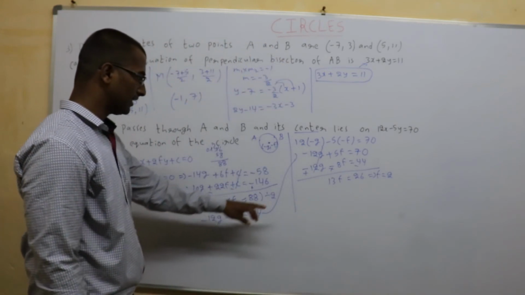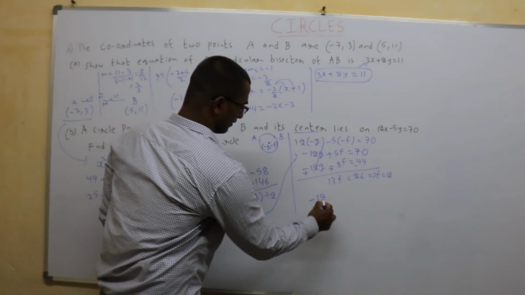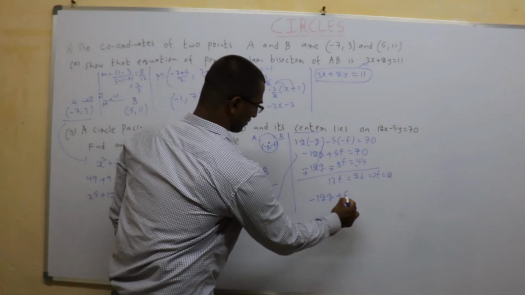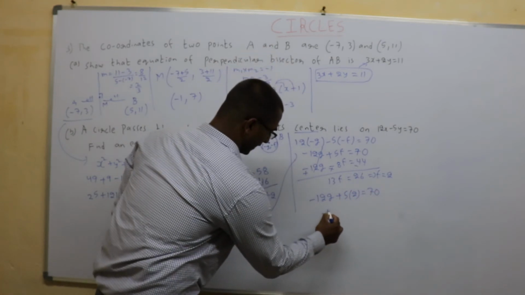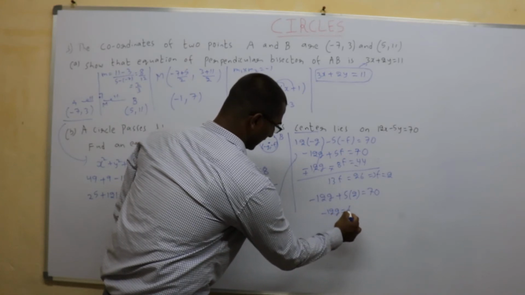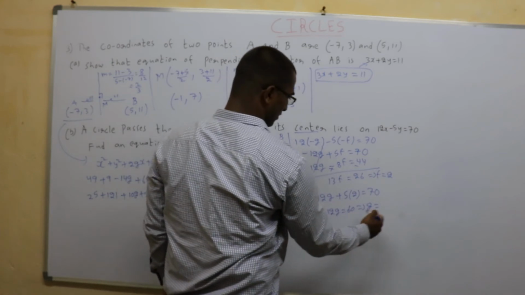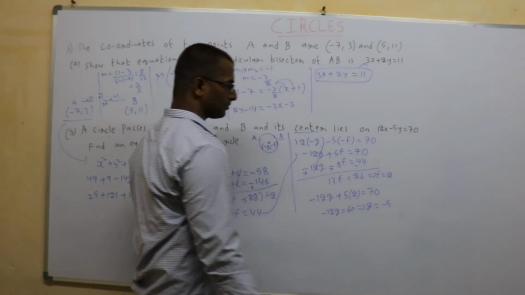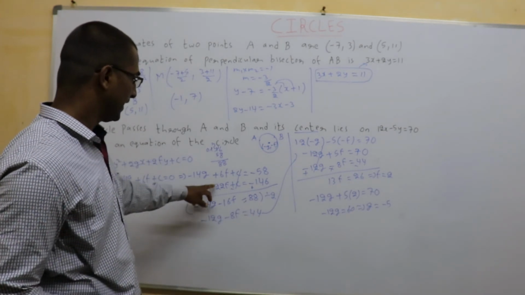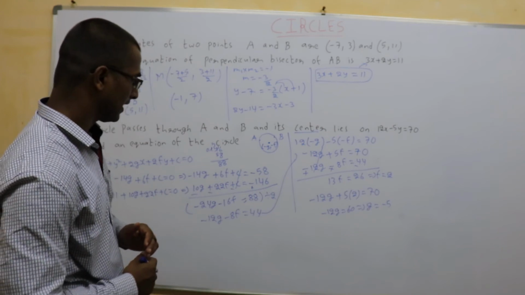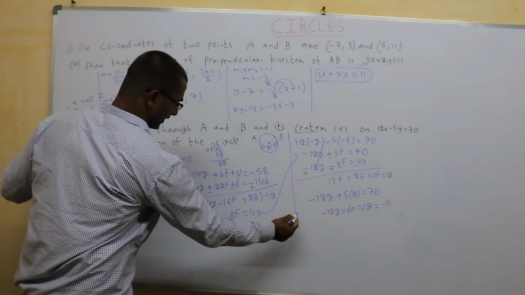Yeah, place f in any equation to get g. So that is minus 12g plus 5 into 2 equal to 70. So minus 12g equal to 60 I get. That implies g equal to 60 by minus 12, which will be minus 5. Right? Now place f and g in any of these to get the c value. So if I place in this, how much will I get?